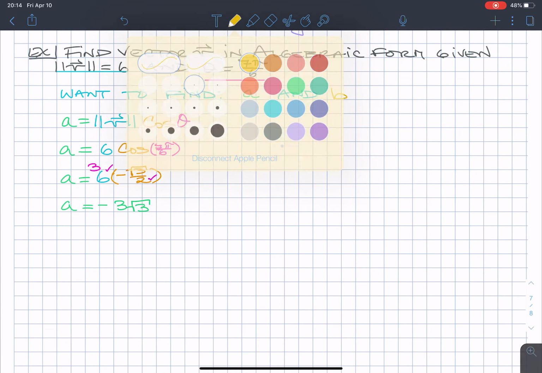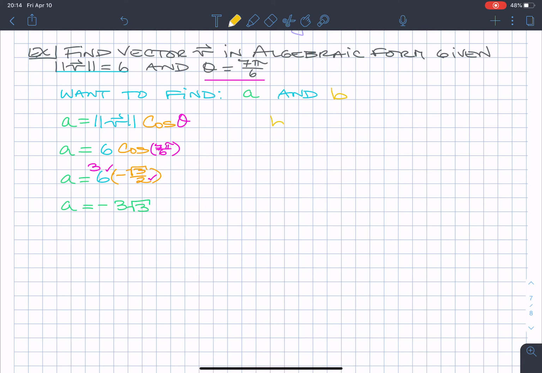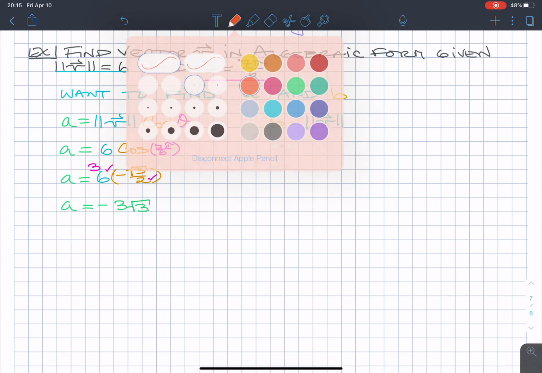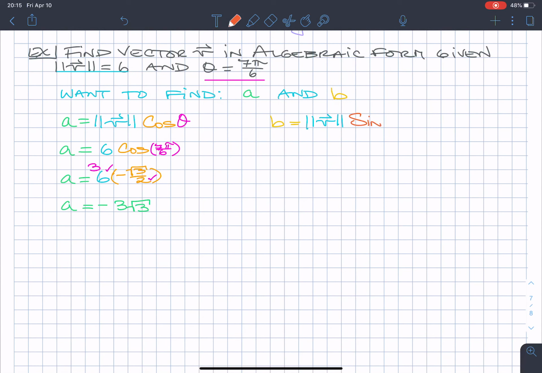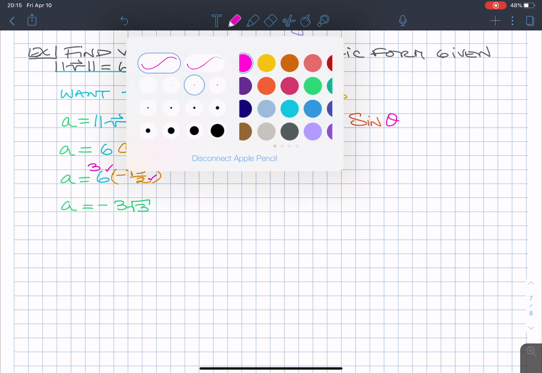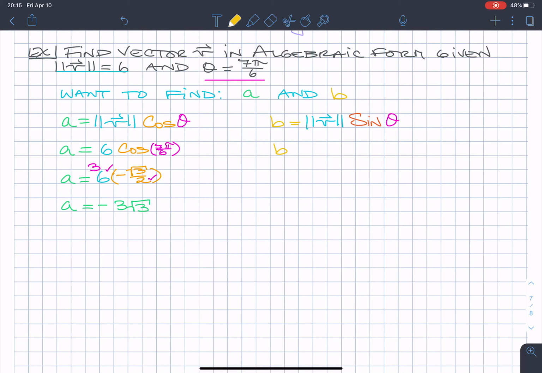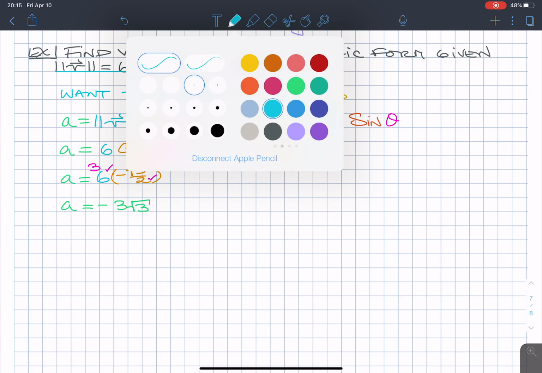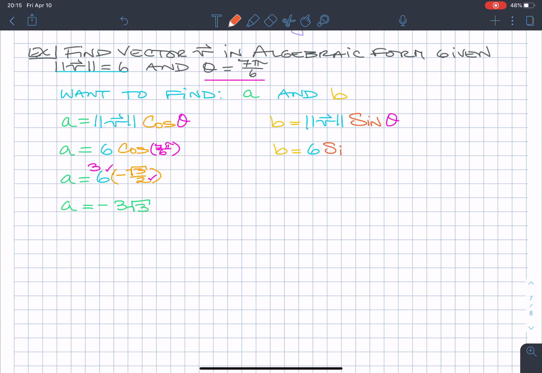Let's do the same thing for the other component. So b is going to be the magnitude of the vector v times sine of the angle theta. So we have that b is going to be 6 times sine of 7 pi over 6.